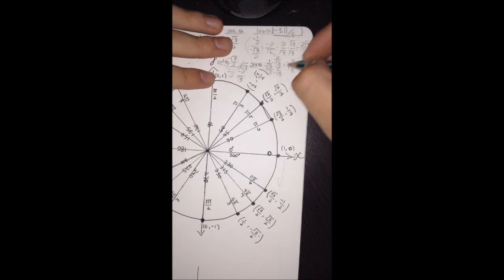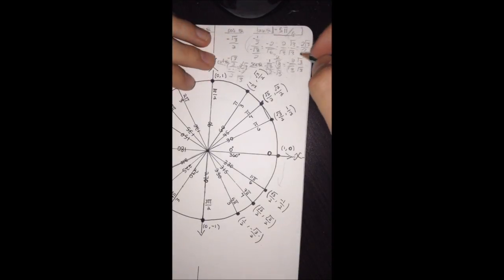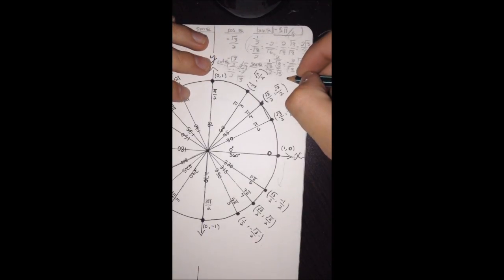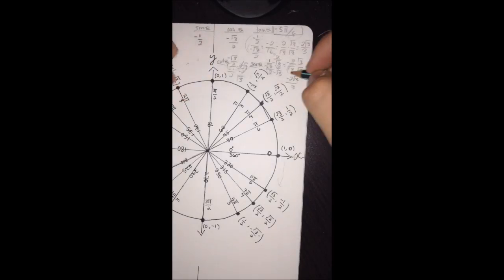We're not going to leave this root in the bottom, so we're going to multiply by it again, and this will leave us with minus 2 root 3 over 3. This will be the answer for our secant.